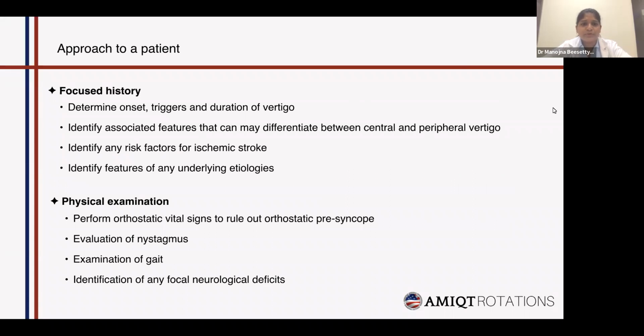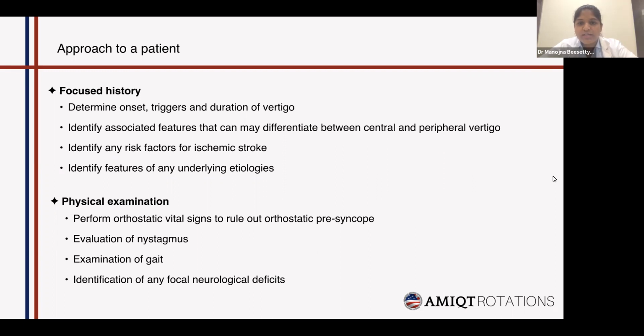So how do we approach a patient who presents with vertigo? Firstly, taking a focused history is vital: determining the onset, triggers, and duration of vertigo. It helps in differentiating the different vertigo causes and also identifying associated features that help in differentiating central and peripheral vertigo. As we discussed earlier in the table, these are the cranial features, cerebellar features, the kind of nystagmus, and other focal neurological deficits.